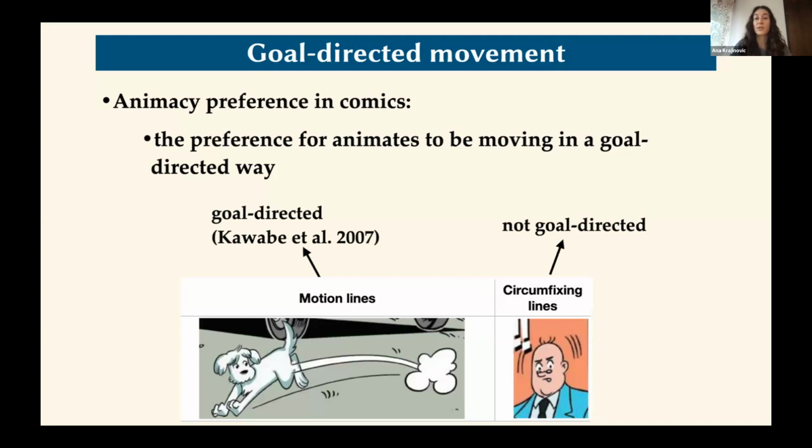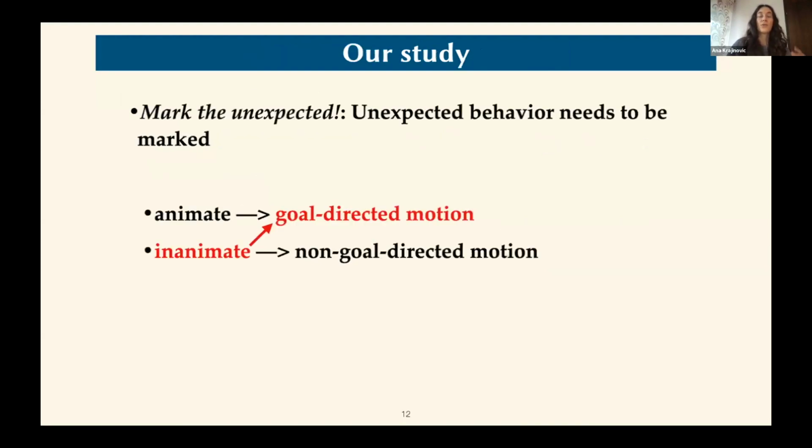Just like Irmak pointed out, the circumfixing lines might look like they're shaking or moving back and forth, but there is no clear directionality. And so for our study, what this means is that we're going to be looking for the cases where we have animates and inanimates, and we expect that animates are moving in a goal-directed motion.